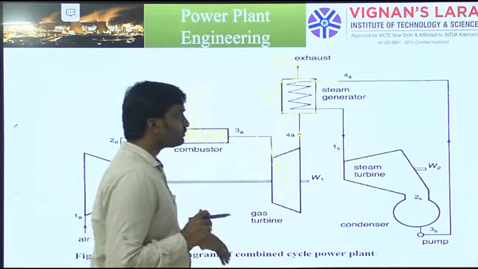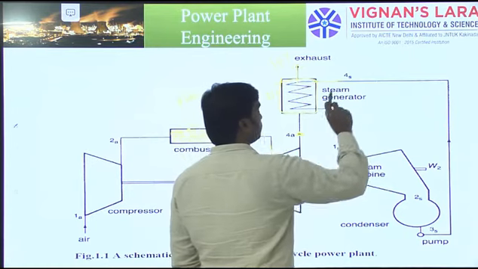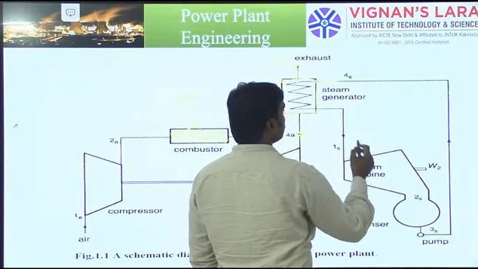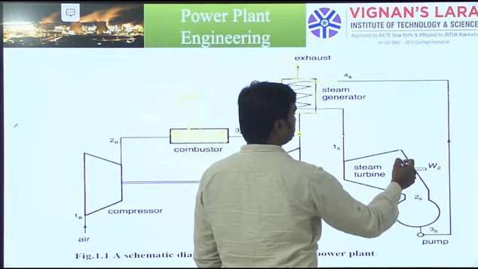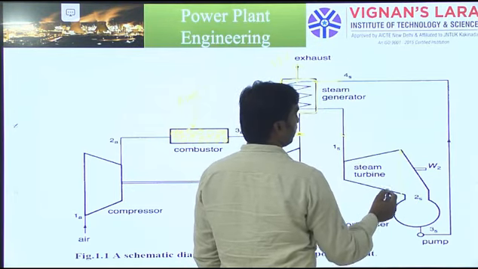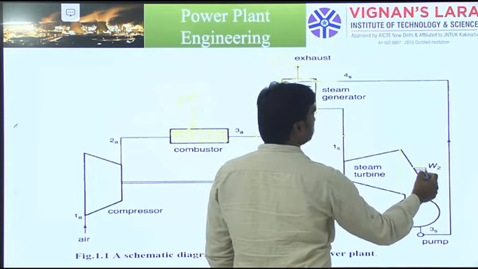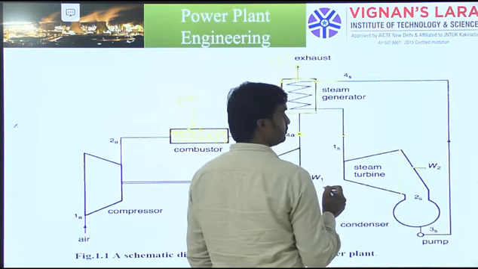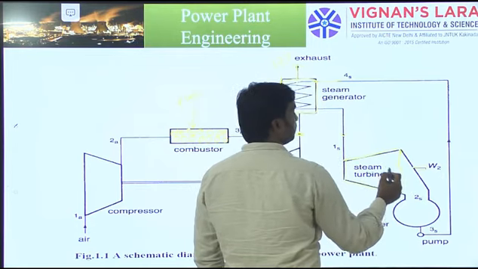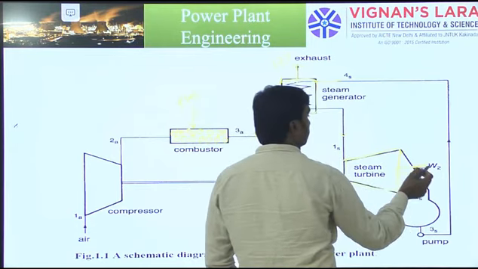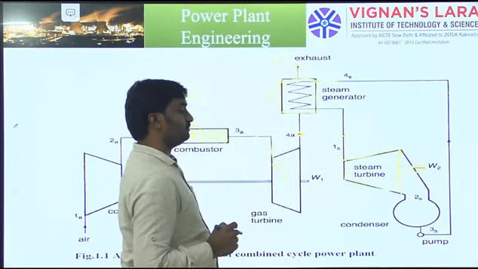And later what happened? The steam flows onto a turbine. So this is the steam turbine, and it is connected to a generator. The steam turbine produces mechanical energy, and that is connected to a generator.